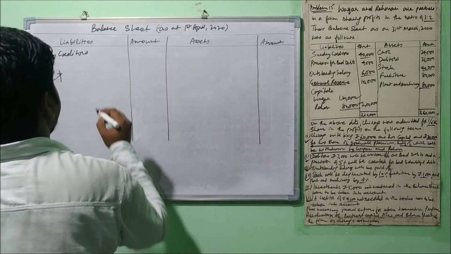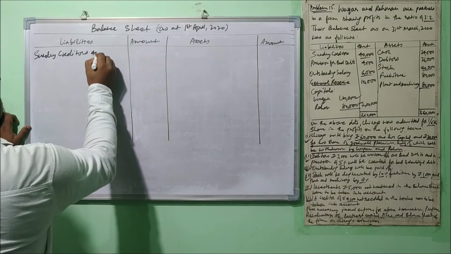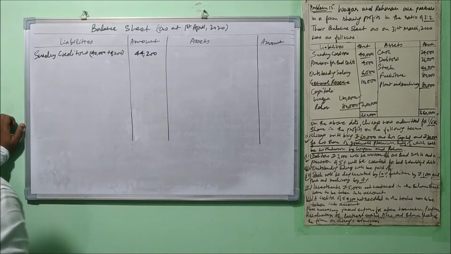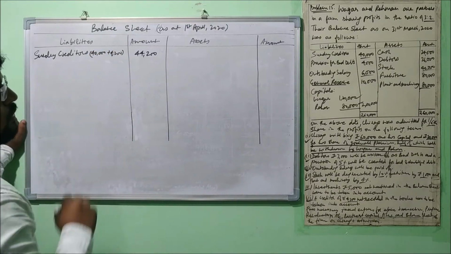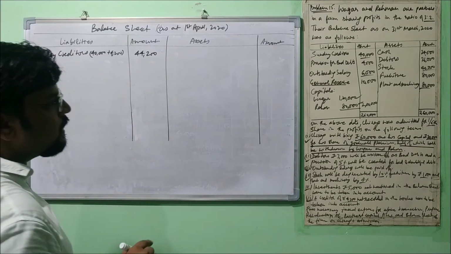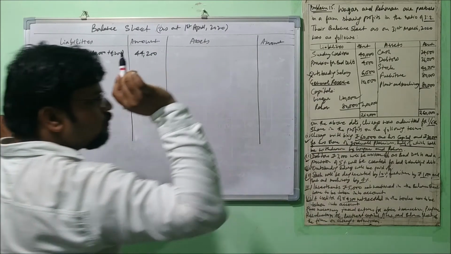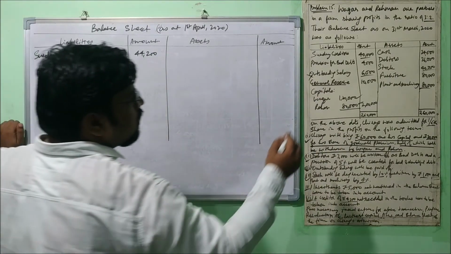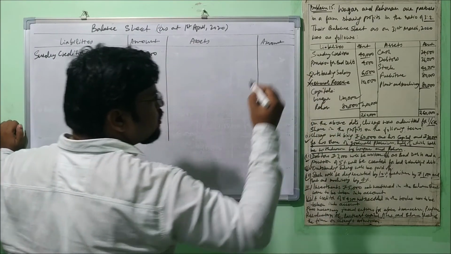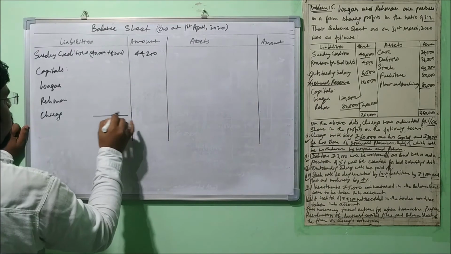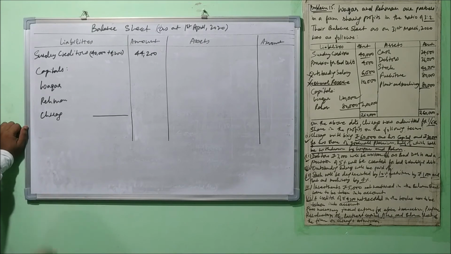So the total becomes 40,000 plus 4,200, 44,200, right? Provision for bad debts, we'll do the treatment later on. Outstanding salary has been paid off, so it does not exist anymore. The general reserve has been distributed, so it does not exist anymore. Yes, capitals: we have to pick the values from the partners' capital account. So what were the values?